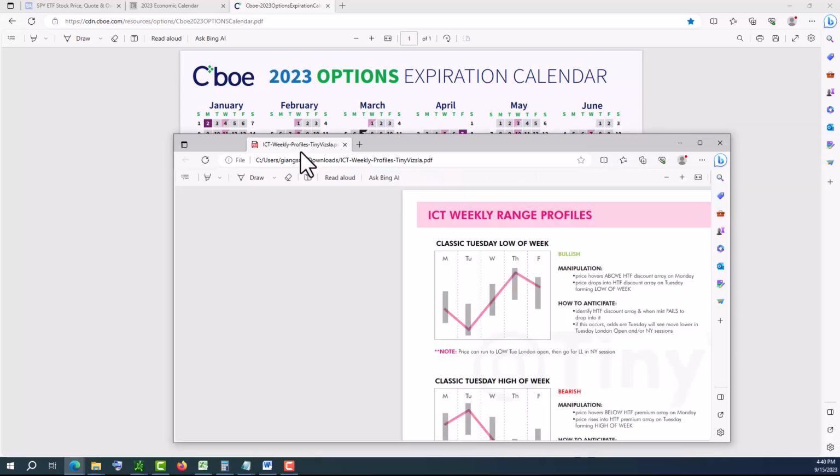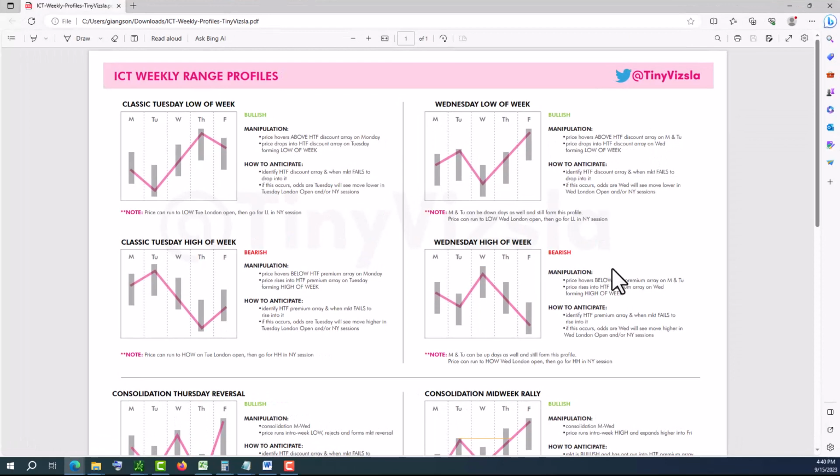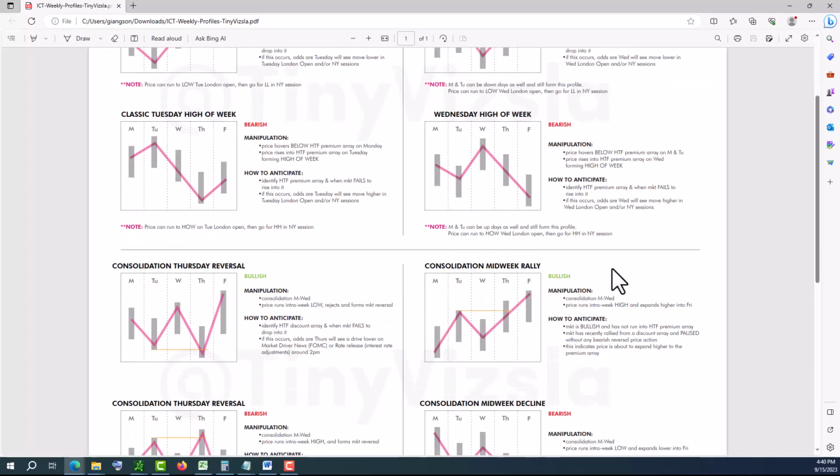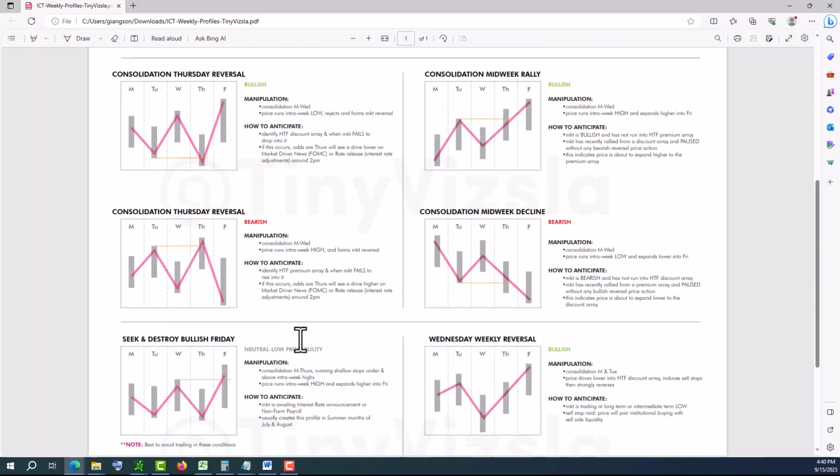All right, here's the weekly profile that I think we can fall back on. Okay, so you see the Thursday reversal, wow, exactly. Look at that, amazing. You see the Monday rally, boom.